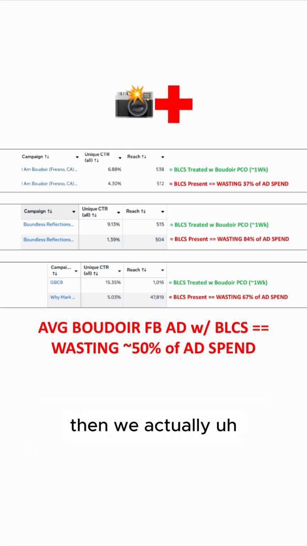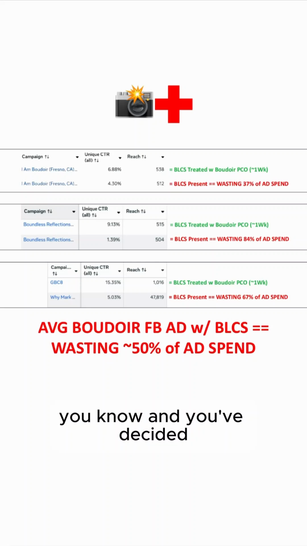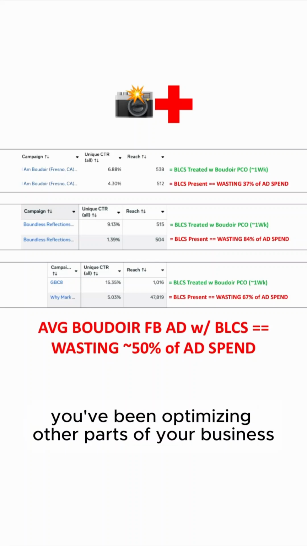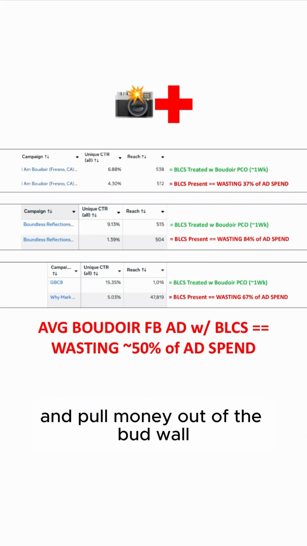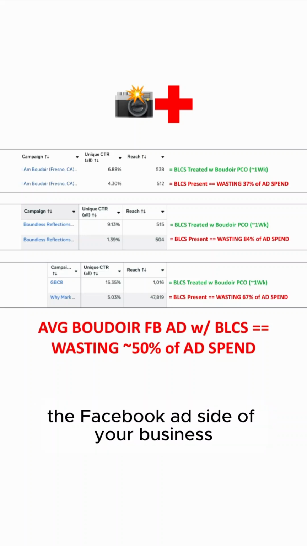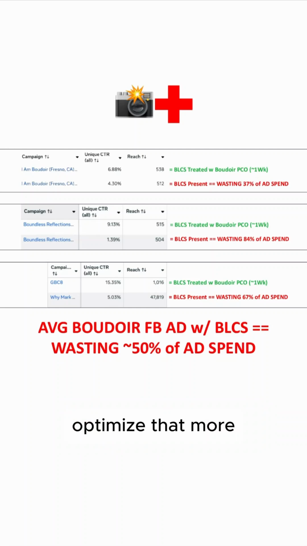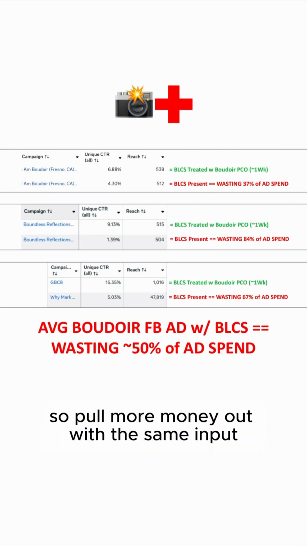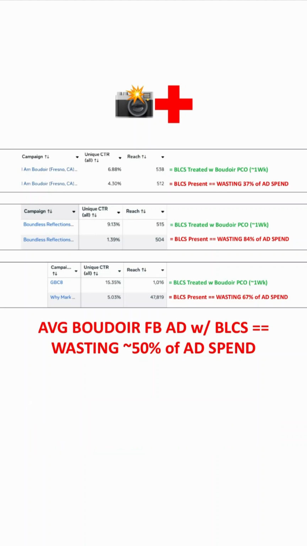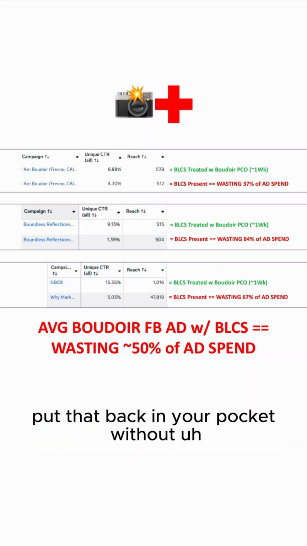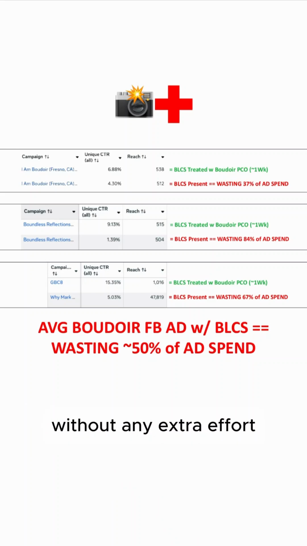And you've decided that you've been optimizing other parts of your business, but now you're ready and you want to optimize and pull money out of the Facebook ad side of your business, optimize that more. So pull more money out with the same input. And you're seeing that Boudoir Pico on average can eliminate about half your ad spend being wasted, put that back in your pocket without any extra effort.